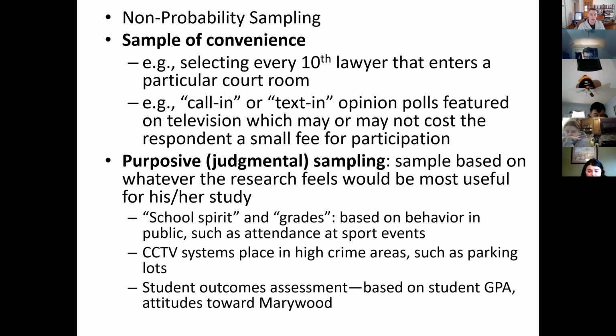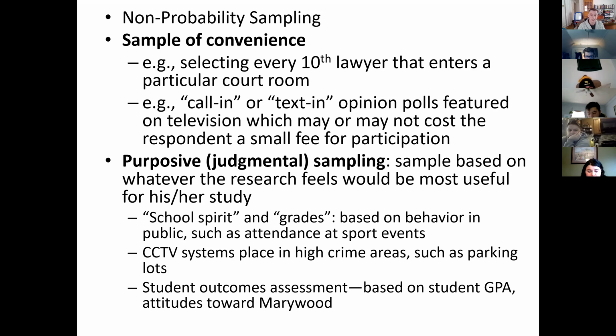And if you want to look at the effectiveness of closed circuit television, those cameras that feed closed circuit televisions for purposes of security, you would probably put them in places where you're going to have a high chance of detecting crime, because crime is known to exist.